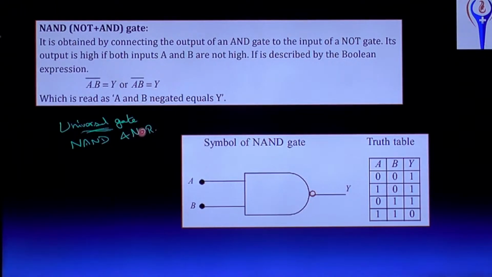Using a NAND gate or NOR gate, it is possible to construct the OR gate, AND gate, NOT gate, like that. So these two are called universal gates. NAND and NOR are called universal gates because it is possible to construct all the possible gates using any one of these two gates.